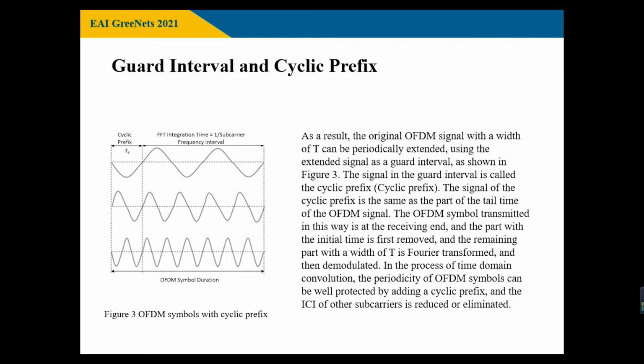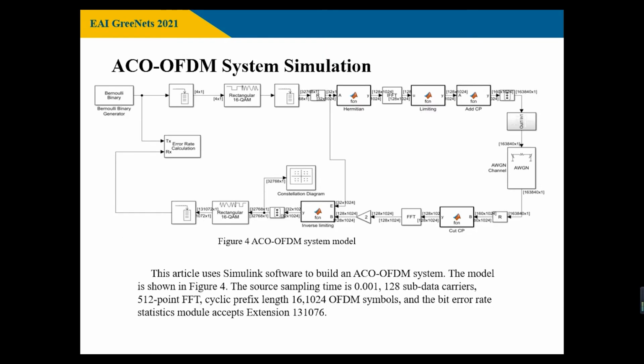At the receiving end, the part with the initial time is first removed, and the remaining part with a width of T is Fourier transformed and then demodulated, in the process of time domain convolution. The orthogonality of OFDM symbols can be well protected by adding a cyclic prefix, and the ICI of other subcarriers is reduced or eliminated.